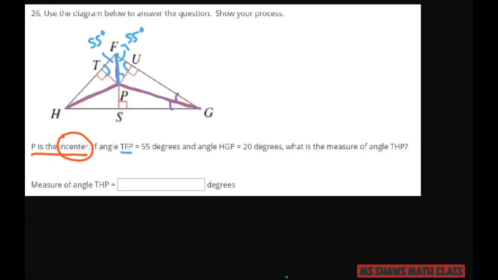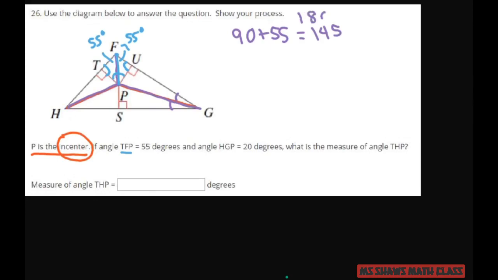So to get these two angles, let's just take one of the triangles, and we're going to take 90 plus 55. You get 145, and subtract that from 180.